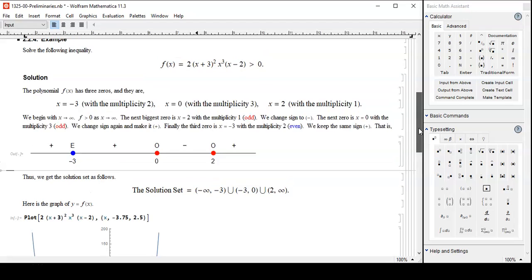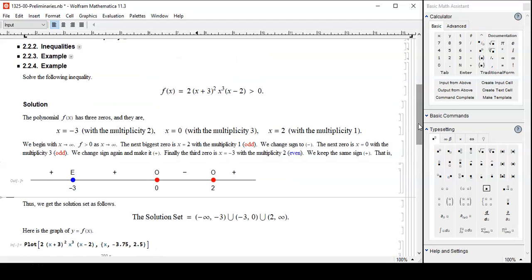Now, if you didn't understand all those theories, still it's okay if you remember the scheme. In the number line, get the diagram. You don't really have to draw everything up to scale, even though I did it here. And then start with positive in the right-hand side, because when x value is sufficiently large, everything will be positive, unless, of course, the leading coefficient is negative. In that case, you have to start from the negative.